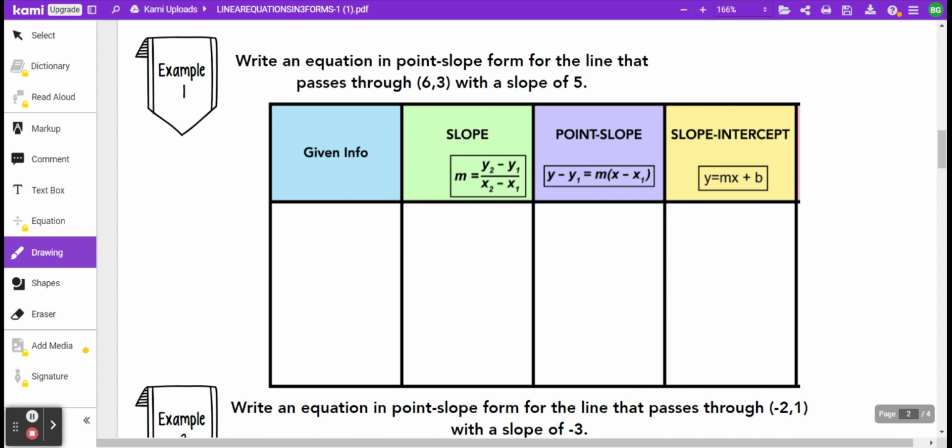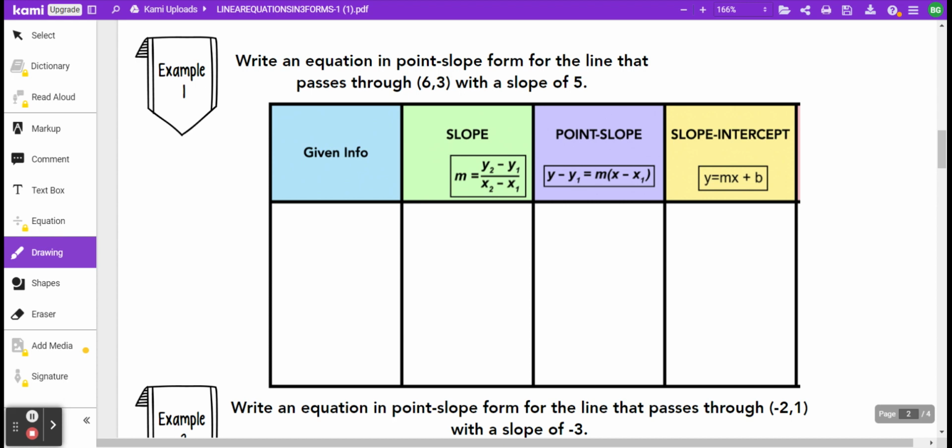All right, so let's look at example 1. Example 1 says, write an equation in point slope form for the line that passes through (6, 3) with a slope of 5. So I did give you the table to break down the information.